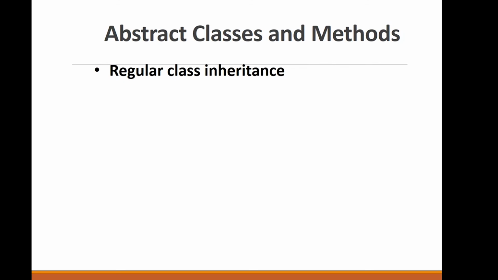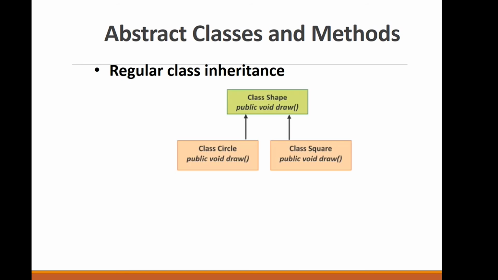So here we have a regular class inheritance. As you can see, this is a regular inheritance wherein we have Shape, and the classes Circle and Square inherit the class Shape.